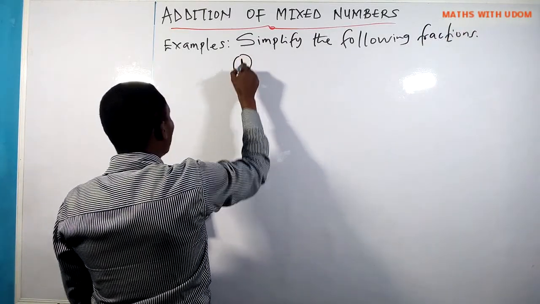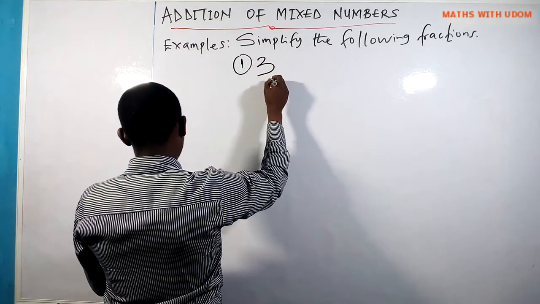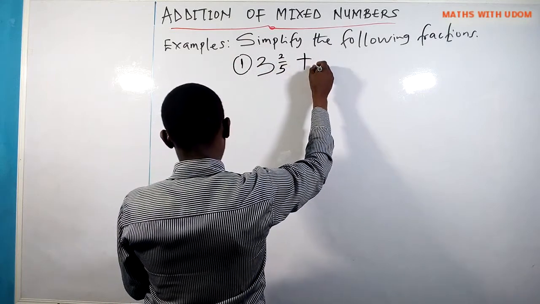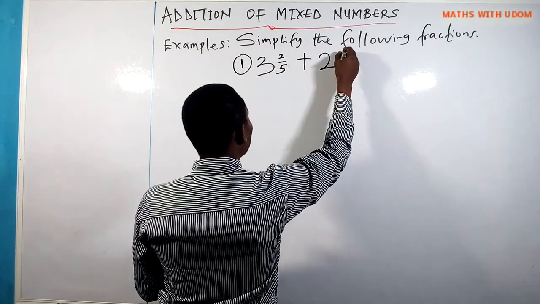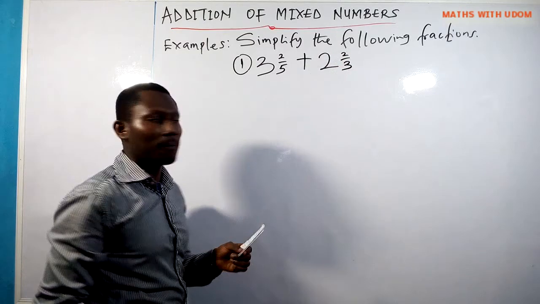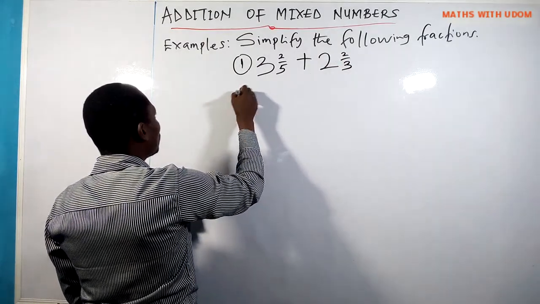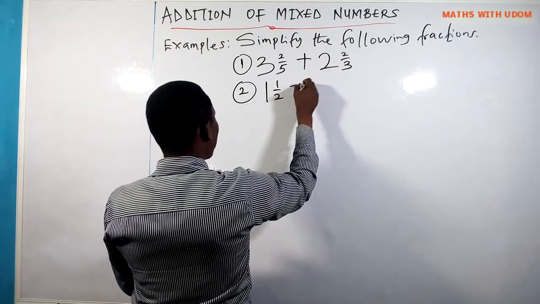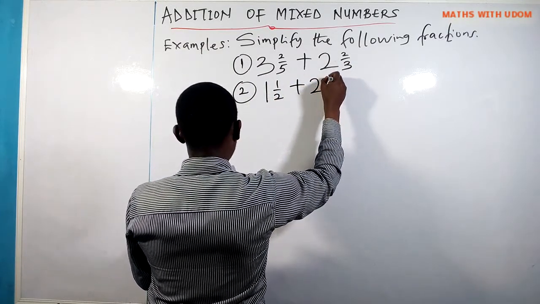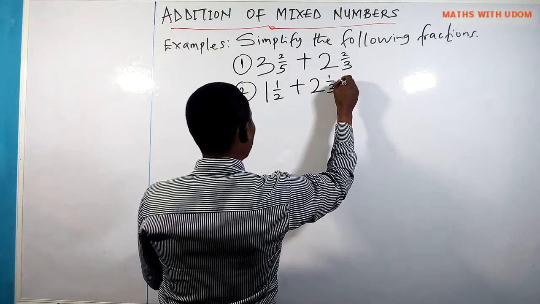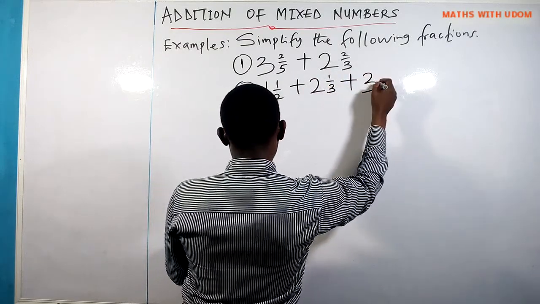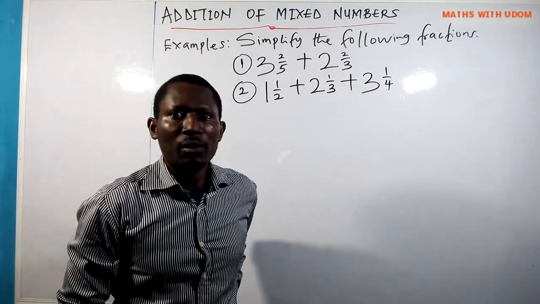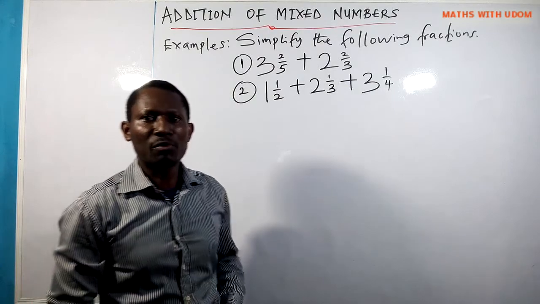Number one, we have 3 whole number 2/5 plus 2 whole number 2/3. And number 2, 1 whole number 1/2 plus 2 whole number 1/3 plus 3 whole number 1/4. Okay, so we have these two examples for today.